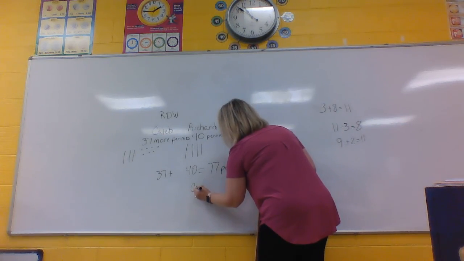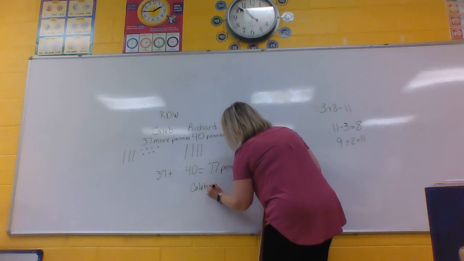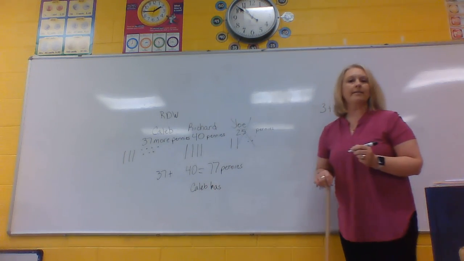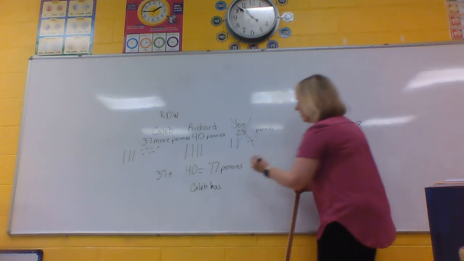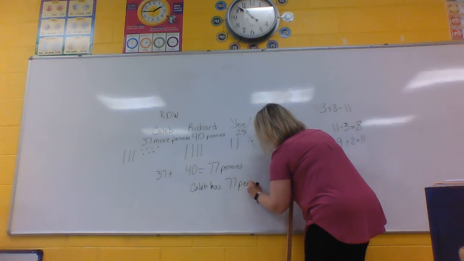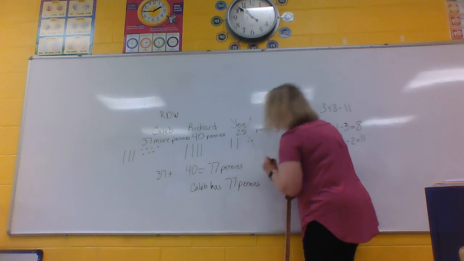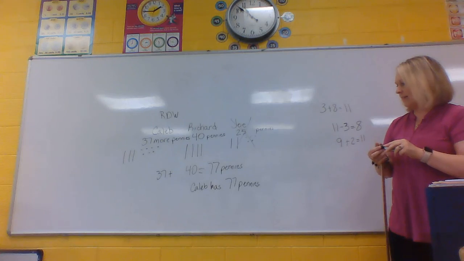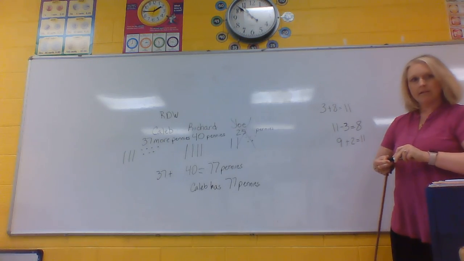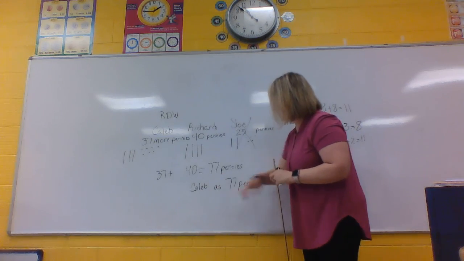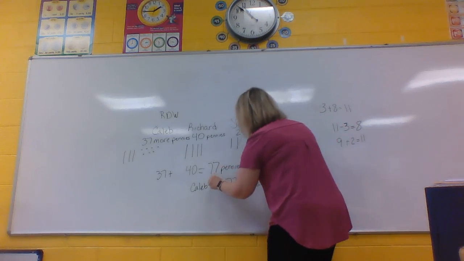How many pennies does Caleb have? 77 pennies. And put a period. That's it for your sentence. Caleb has 77 pennies. So write that down, please.